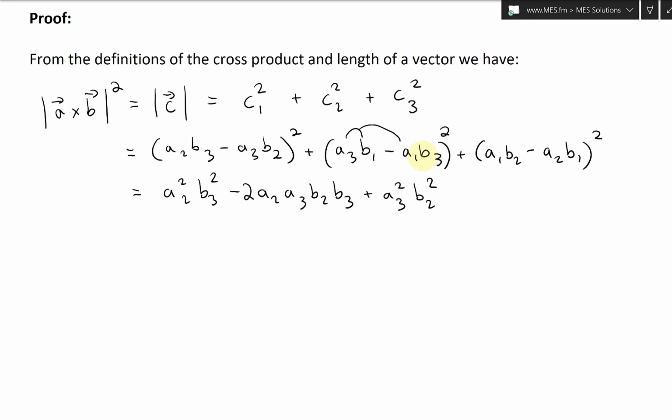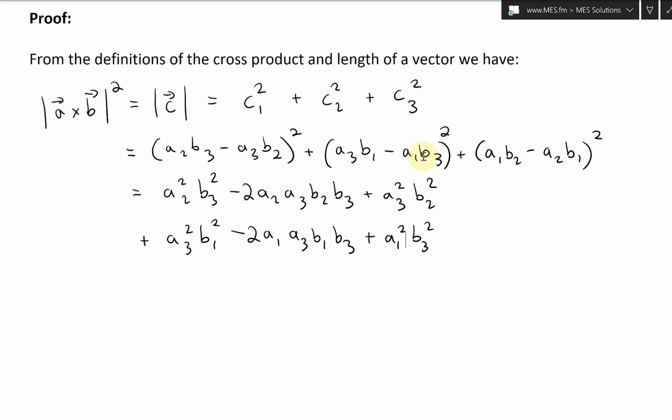In other words, we get plus A3 squared B1 squared minus, now we're going to have A1, A3, and then B1, B3. And then the next setup is this multiplied by this and itself. In other words, we're going to have the exact same thing, add a 2. And then plus, the negatives cancel, A1 squared, B3 squared.